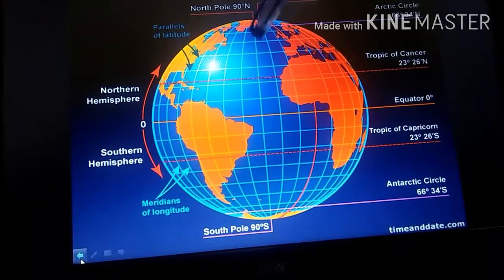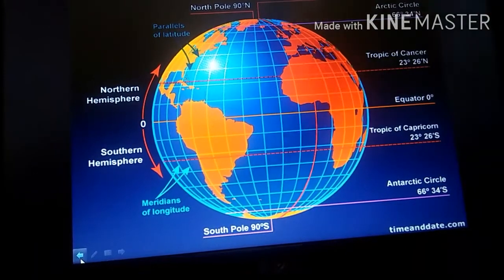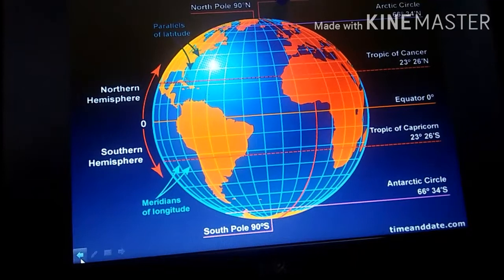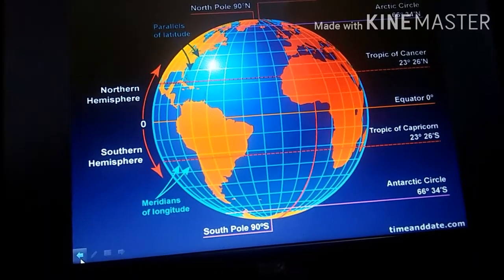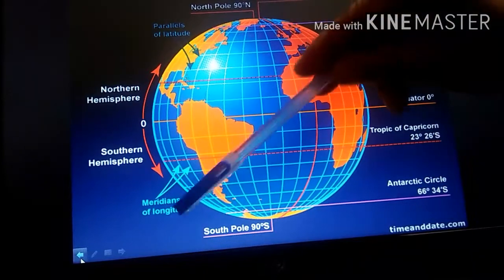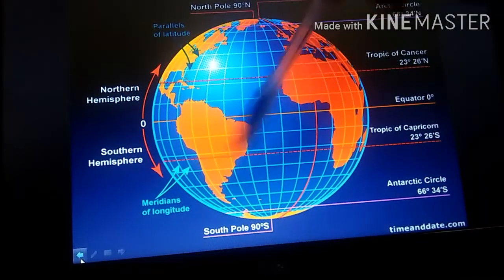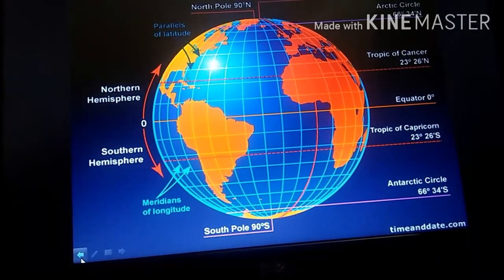That line is known as the prime meridian, and it is at 0 degree. Just like the equator is at 0 degree, the prime meridian is also at 0 degree. And meridian, you already know, is the other name of longitude.